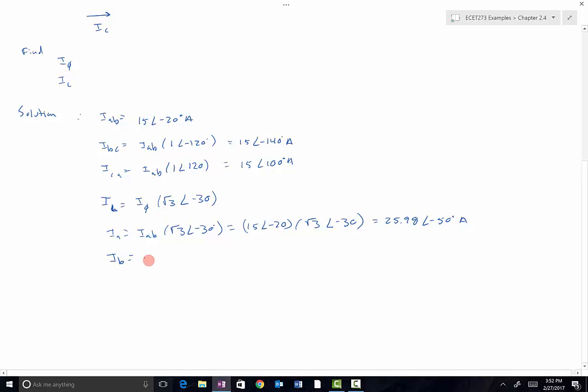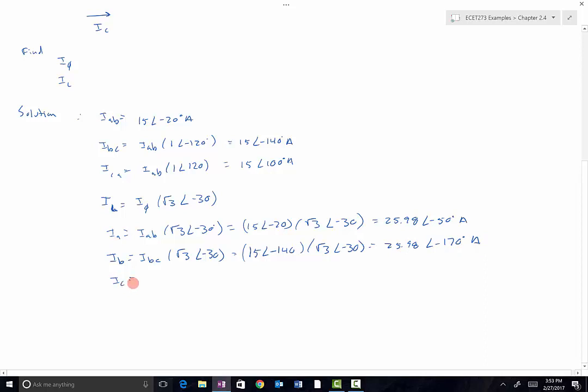IB is going to be equal to IBC times root 3 at angle negative 30, and that's going to be equal to 15 at angle negative 140 times root 3 at angle negative 30, so 25.98 angle negative 170 degrees amps.